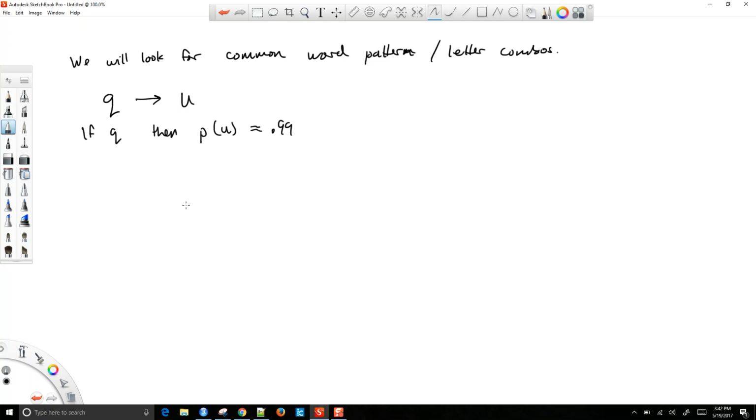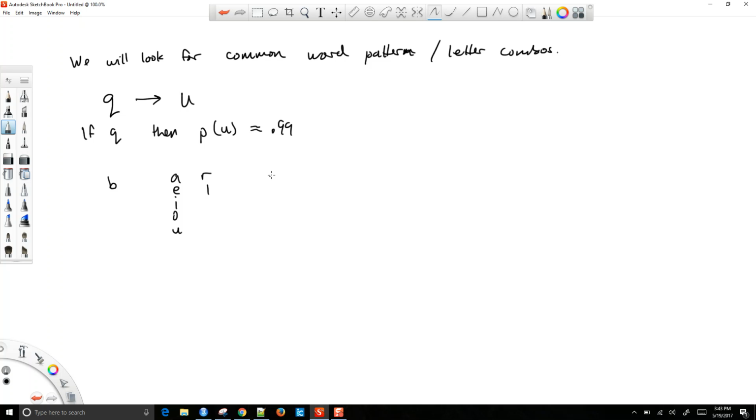And meanwhile, if you have the letter B, then there are lots of possibilities: A, E, I, O, U will all have high probabilities. R will have a high probability, and L, and I don't know what other letters.